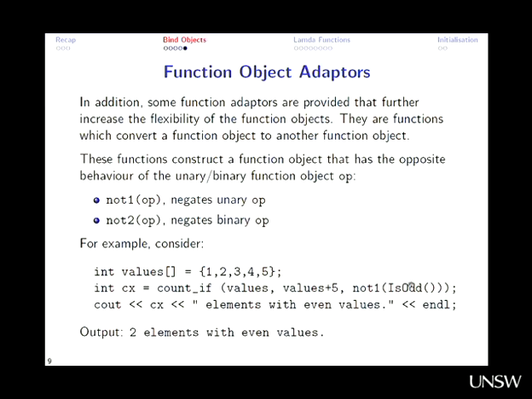So say we had the function object isOdd, we didn't have isEven for some reason. We can simply go std::not1 isOdd, reverse it, and then create isEven. Okay? And we can do things like that. So bind objects are very, very powerful.